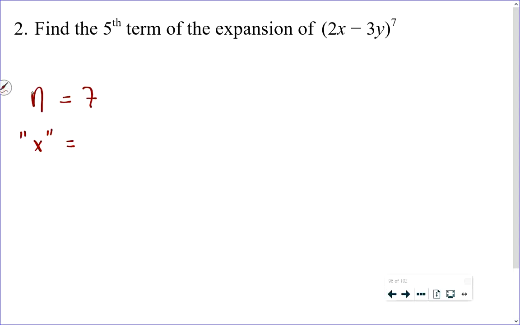I'm going to do the same thing, but my x is really 2x and my y is really negative 3y. Because the rules I've developed are for x plus y, I'm thinking of this as 2x plus negative 3y to the 7.